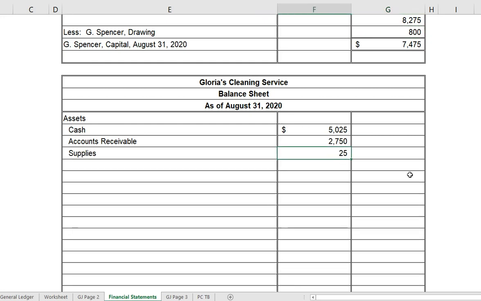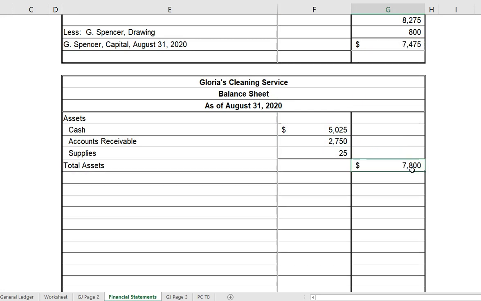Okay, that indicates that we have a subtotal, and our total assets are $7,800. We could also sum it to double check that our math is correct. There we are. And I'm going to borrow that format. Okay, that's the asset section of the balance sheet done.